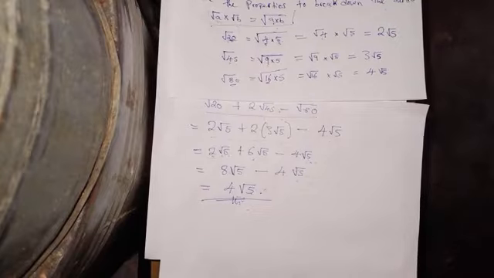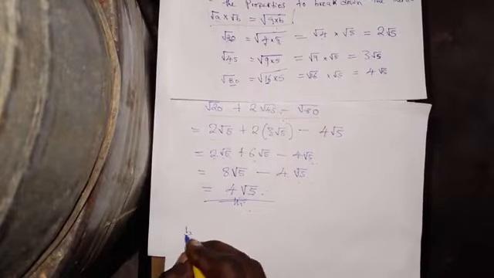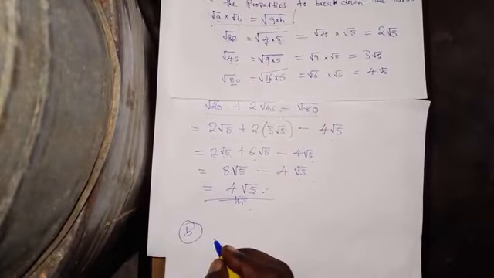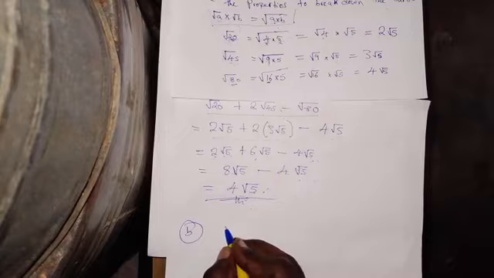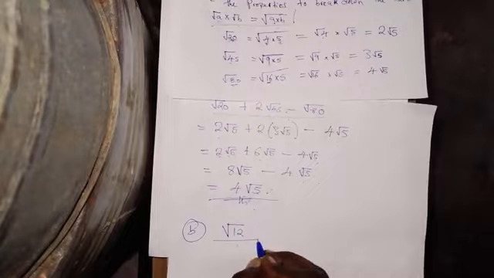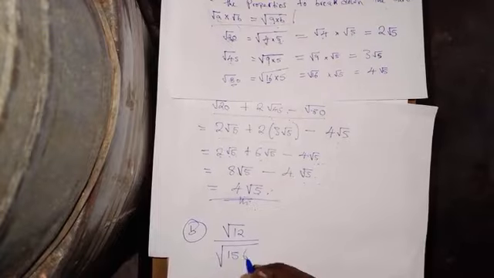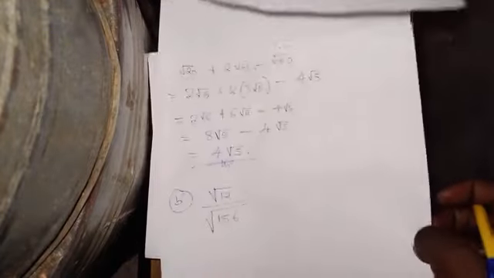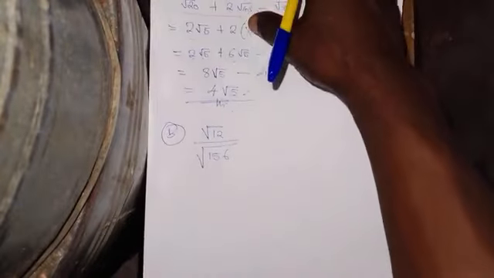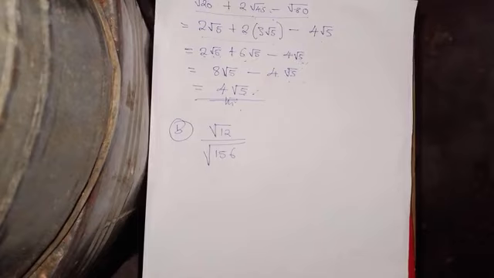Yeah. Second example, which we can look at. The second example can simply say, simplify the root of 12 over the root of 156.